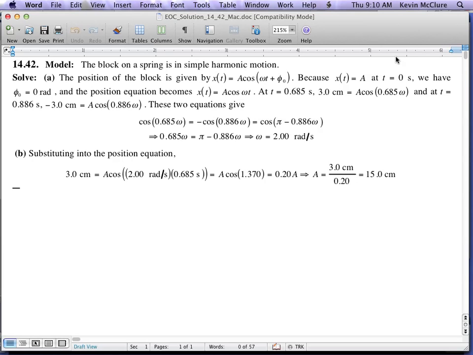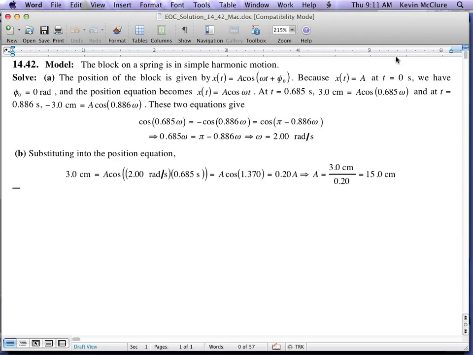So at 0, you should get phi equals 0. And then at the first time, they plug it in to get 3 centimeters equals A cosine 0.685 omega. And then the second one is negative 3 centimeters equals A cosine this.